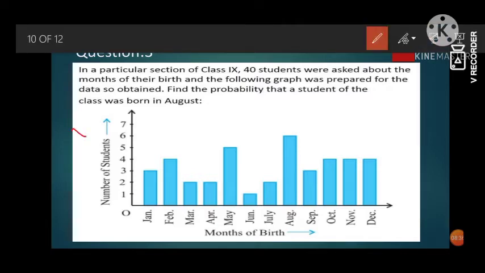So this is the bar graph. These are the numbers, that is the number of students, and these are the months of birth.